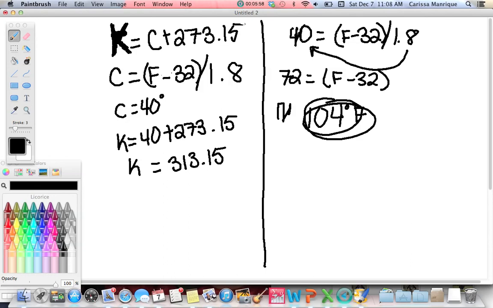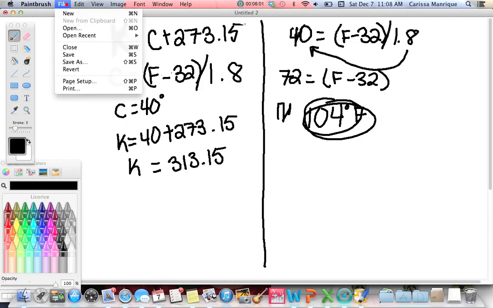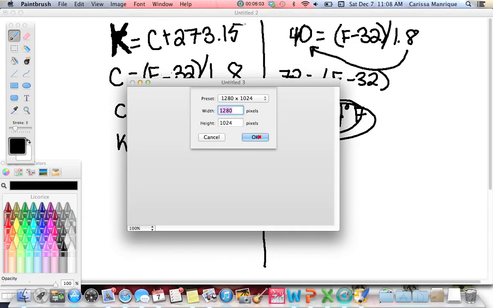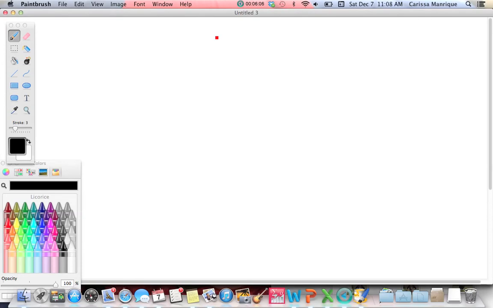Let's do one more example. Let's say Fahrenheit is 32. Let's first convert that to Celsius. If we go back to our formulas here, Celsius equals (Fahrenheit, our number is 32, minus 32) in parentheses, divided by 1.8.